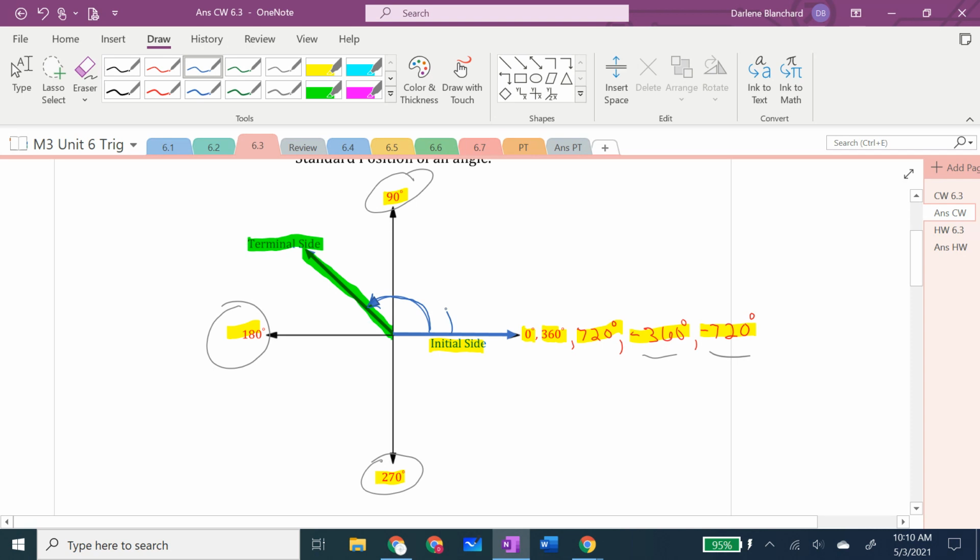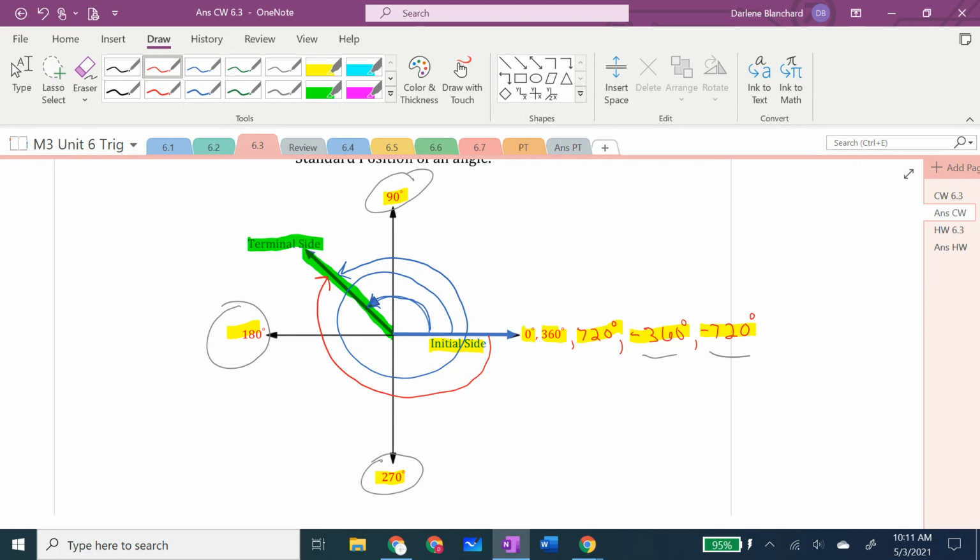Or it could be a full rotation plus more. Or it could be a negative rotation to get to that point. So just be aware that when you look at a particular ray as a terminal side, unless you draw what the angle is that got you there, it could be a lot of different things.